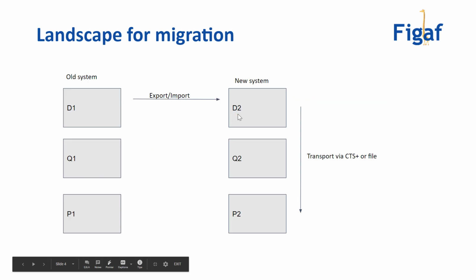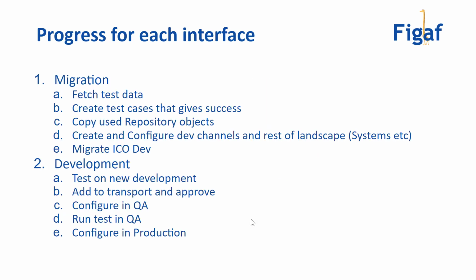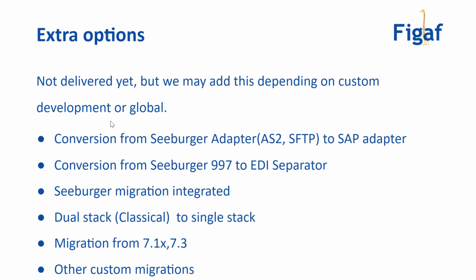So we showed we can take the configuration and the whole repository directory, configure it over here, and then apply the configuration down the landscape. We saw the demo and some extra options. If you want specific configuration of the Seeburger adapters, we can add that. Support of the EDI separator is something we can add. Classical to single stack, I think the SAP migration tool is probably just as good there.